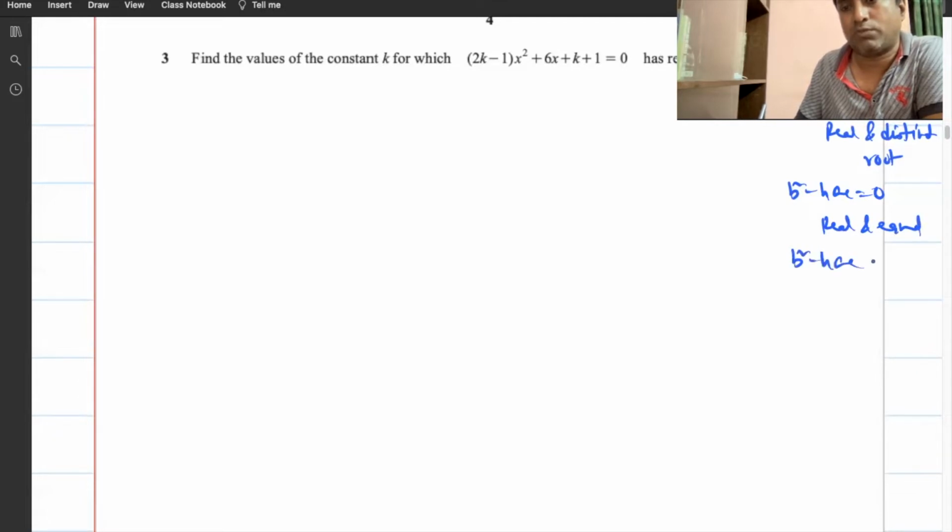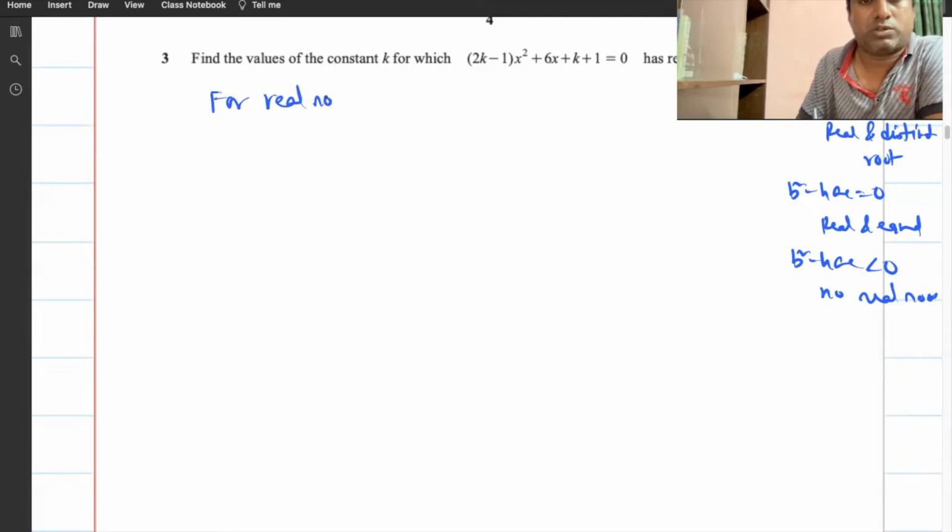If b squared minus 4ac is less than 0, there are no real roots. So for real roots, we can write b squared minus 4ac greater than or equal to 0.